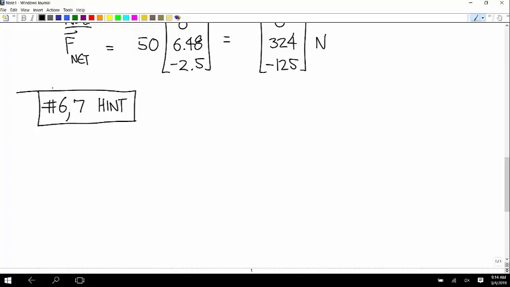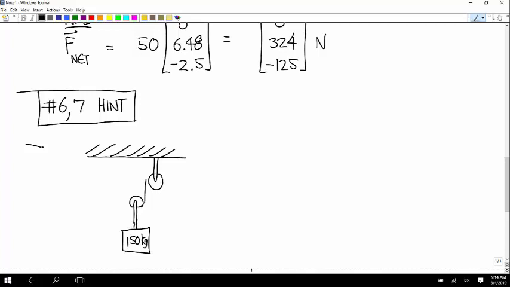Okay, so in this one, you have a block and tackle system. So you have a pulley like that, and a hanging pulley, and this one has a mass of 150 kilograms. Those need to be straight up and down for what I'm going to say.